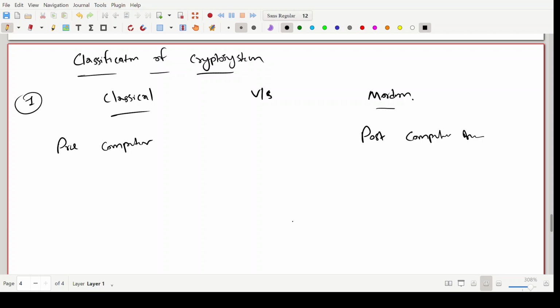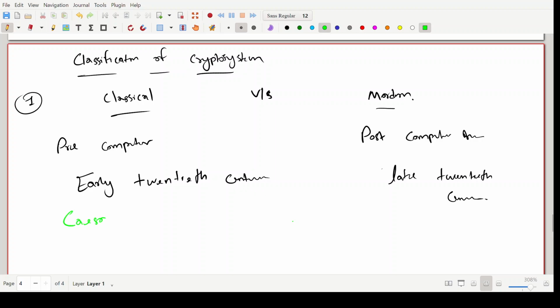Various examples of classical crypto systems are Caesar cipher, Vigenere cipher, affine cipher, Hill cipher.